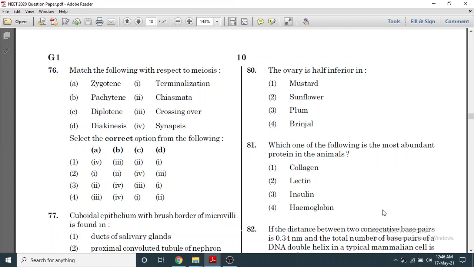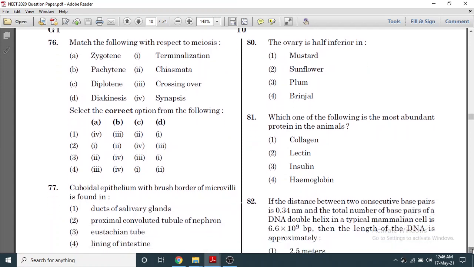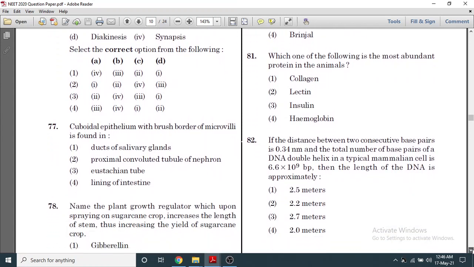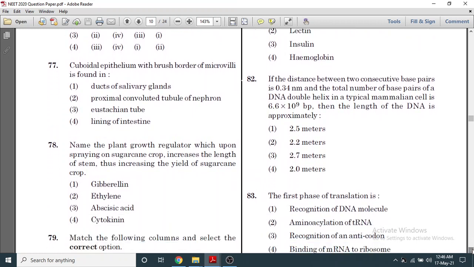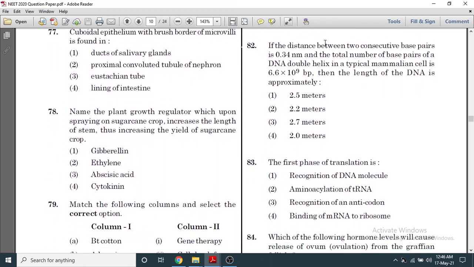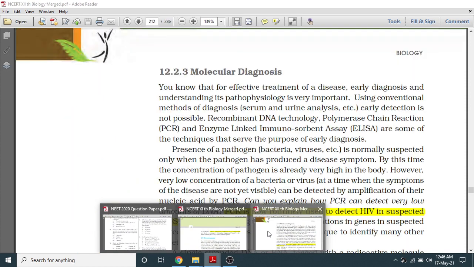Question number 82. This is a clear line from NCERT. If the distance between two consecutive base pairs is 0.34 nanometer and the total number of base pairs of a DNA double helix in a typical mammalian cell is 6.6 into 10 raised to power 9 base pairs, then the length of DNA is approximately. Question number 82 is from page number 99 of class 12 NCERT.